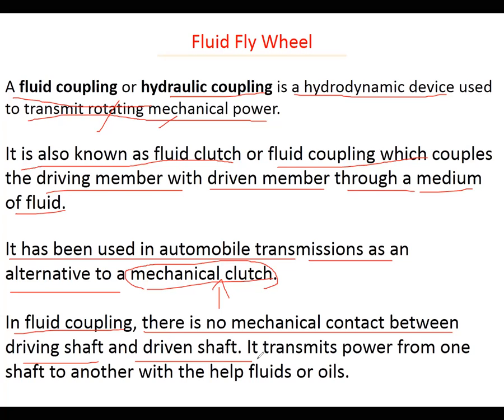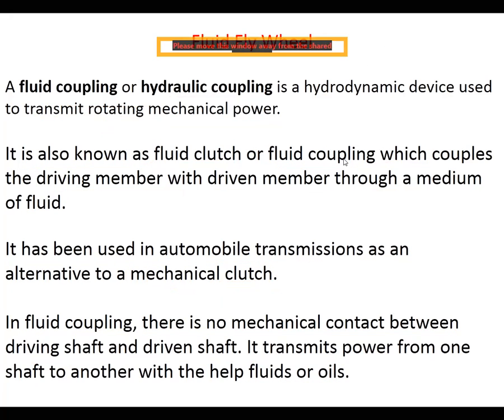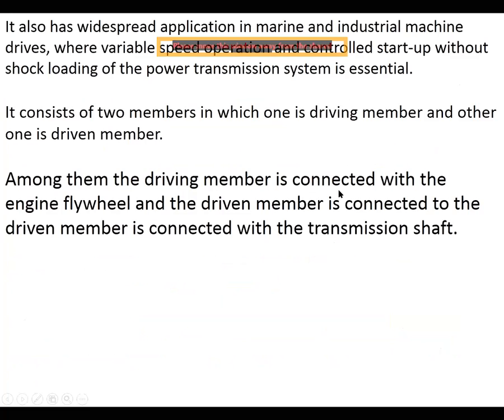That is what we are going to study here, right? For now, keep in mind that there is no contact between the driving member and driven member, but the power is still transmitted from one shaft to another with the help of fluid or oil. Fluid or oil is placed between the driving member and driven member, and then power is transmitted.